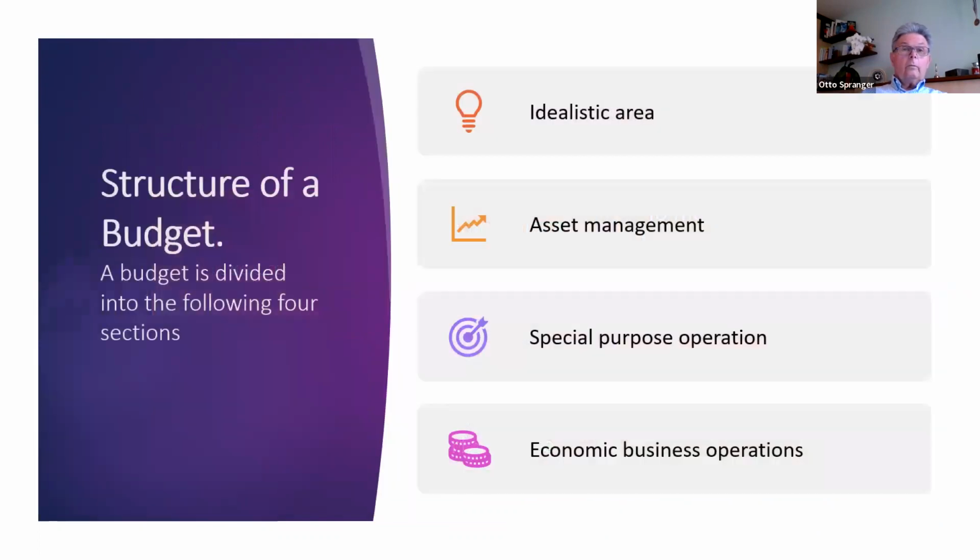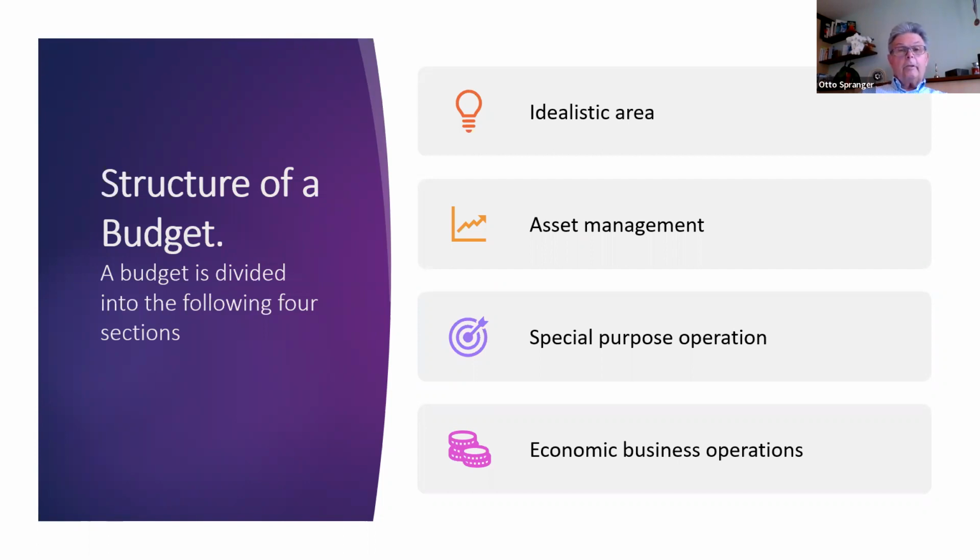So what's the structure of a budget? You have an idealistic area, like membership fees, donations, grants from the city, admission fees, inheritances, gifts. Then you have the asset management, there's interests, dividends, income from maybe long-term rentals, granting of advertising rights, and income from asset management.